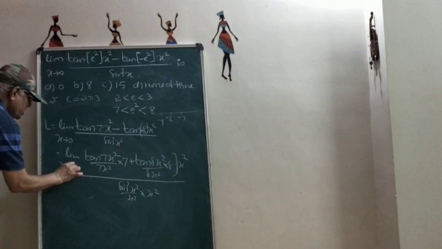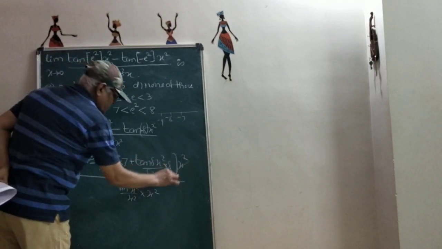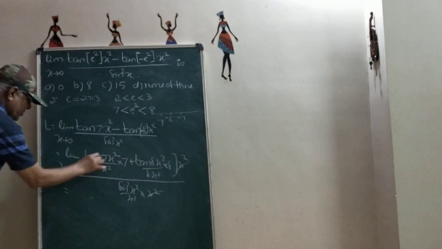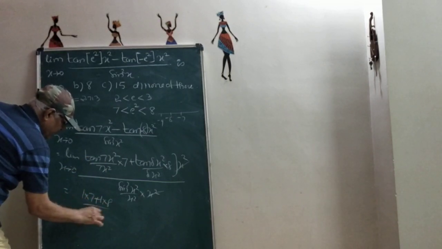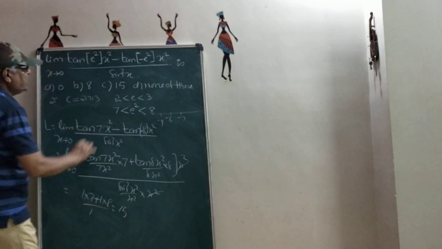As x extends to 0, now this x square and x square get cancelled. It's equal to 1 into 7 plus 1 into 8 divided by 1, equal to how much? That is 15, the answer.